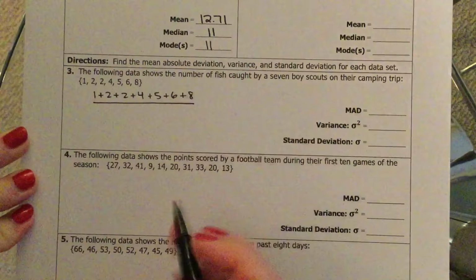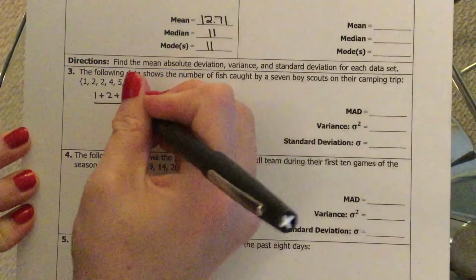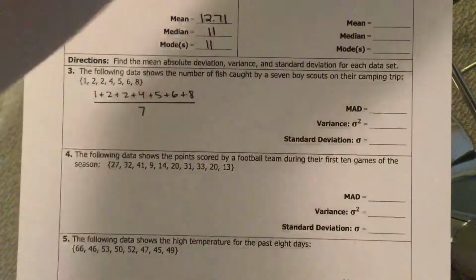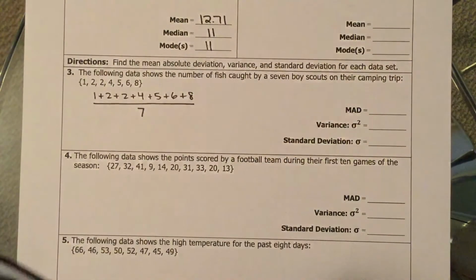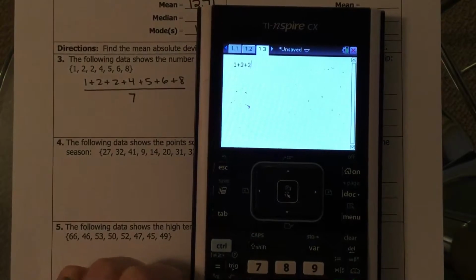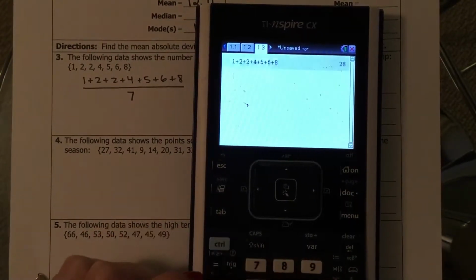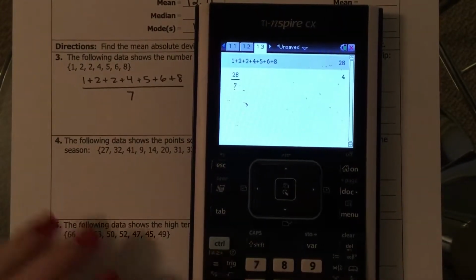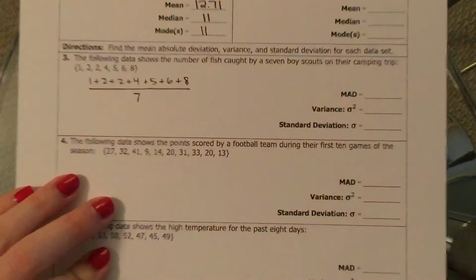All of those together, and there are 7 Boy Scouts, so we divide this by 7. I'm going to do the graphing calculators because this is easier to press buttons quickly. Okay, so 1 plus 2 plus 2 plus 4 plus 5 plus 6 plus 8, and then divide that by 7. So the mean comes out to be 4.